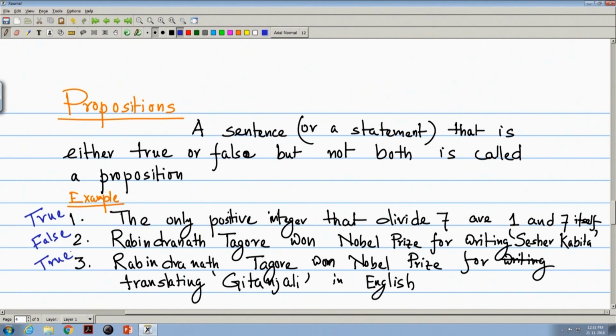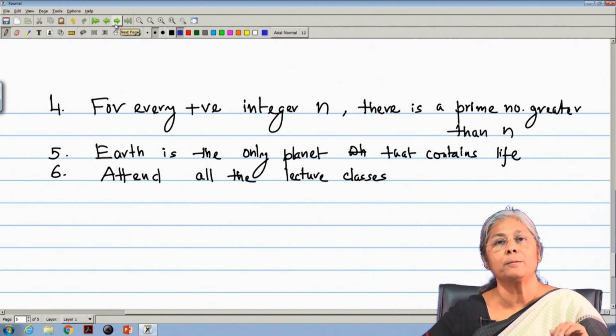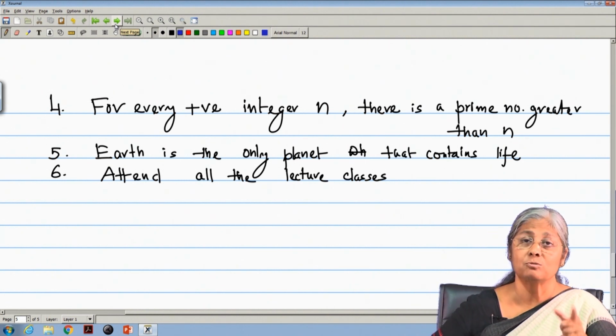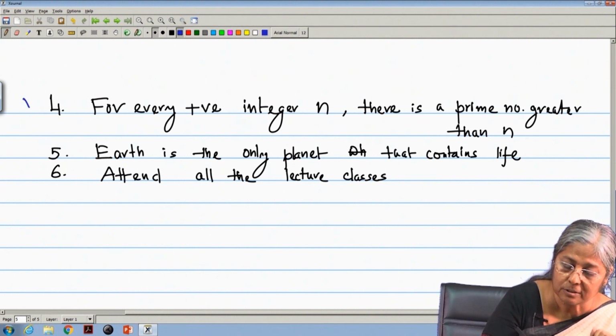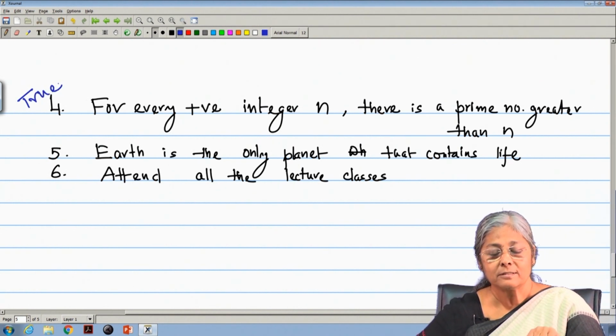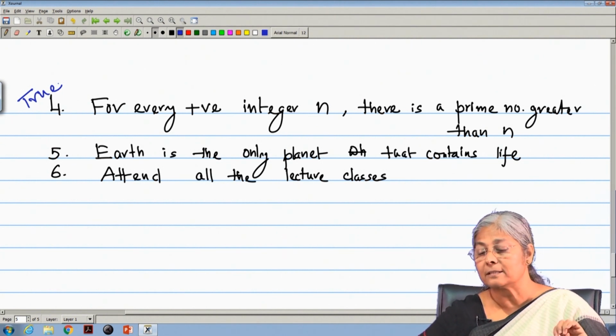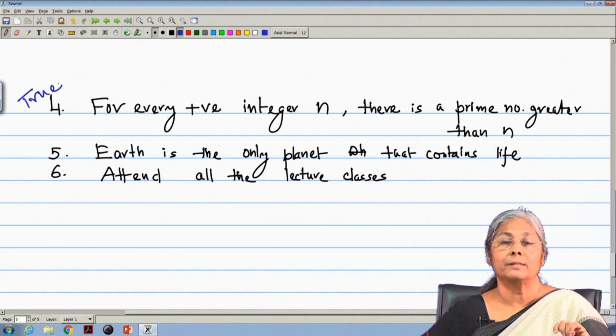Okay. Now, the next sentence: for every positive integer n there is a prime number greater than n, which tells us that the number of prime numbers is infinite, which is true. So, this is also true. The fifth statement tells Earth is the only planet that contains life.